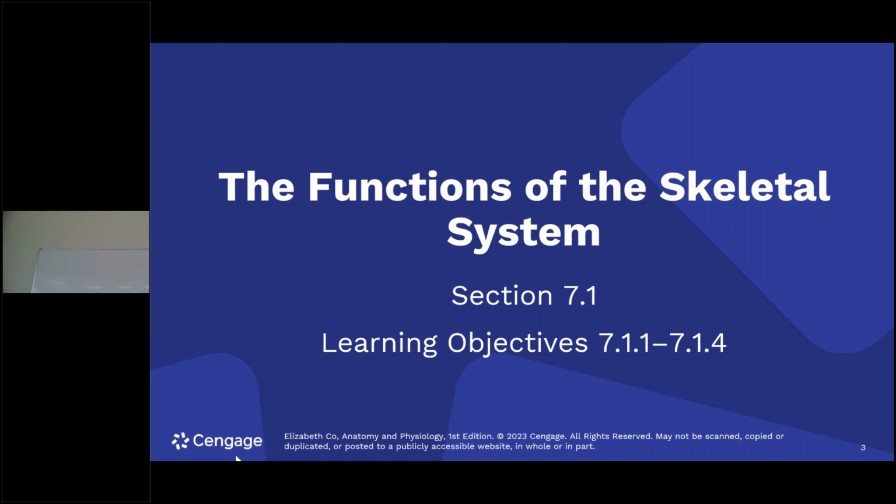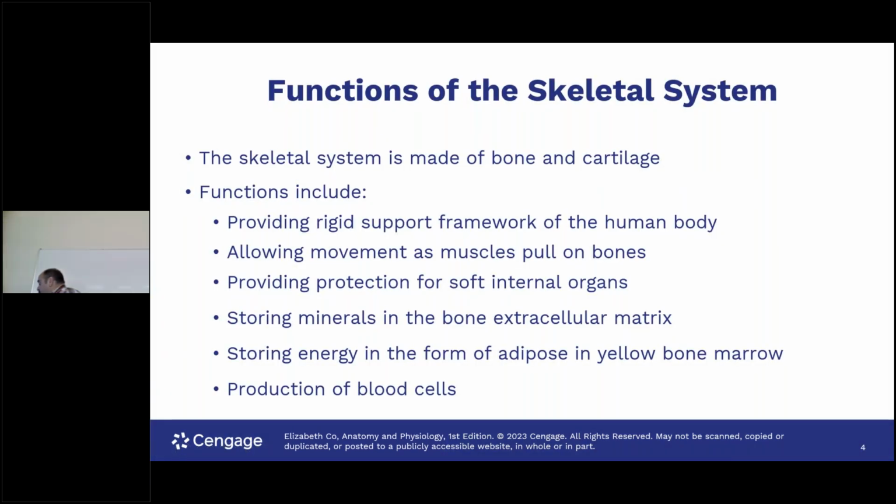So trochanter, right? So all of these different terms you're going to see, and I'm not going to review or go over all of those specific terms, but here we go as far as functions, right?